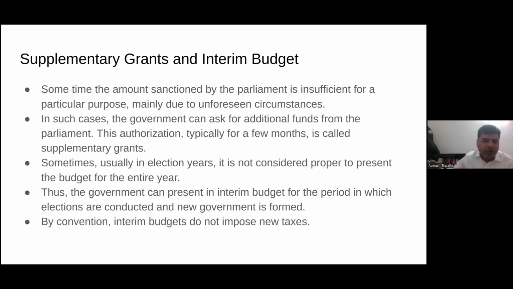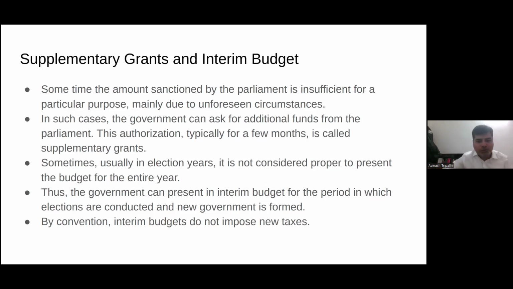Okay, so the fact that we are going to have a pandemic could not have been foreseen at the point when the budget was presented. Now you have to spend some money you could not have foreseen. Okay, so the government has to spend beyond the money that was sanctioned, that was authorized by the parliament.